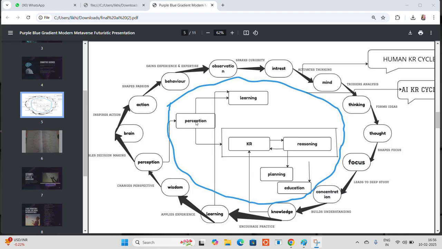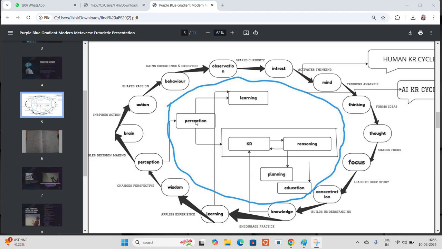As we used a story to understand the human knowledge representation cycle, here we'll use a self-driving car. For perception, let us consider a self-driving car sees a red light. Coming to learning, AI learns patterns from past data. Here, the self-driving car learns that stopping at the red light is the rule.